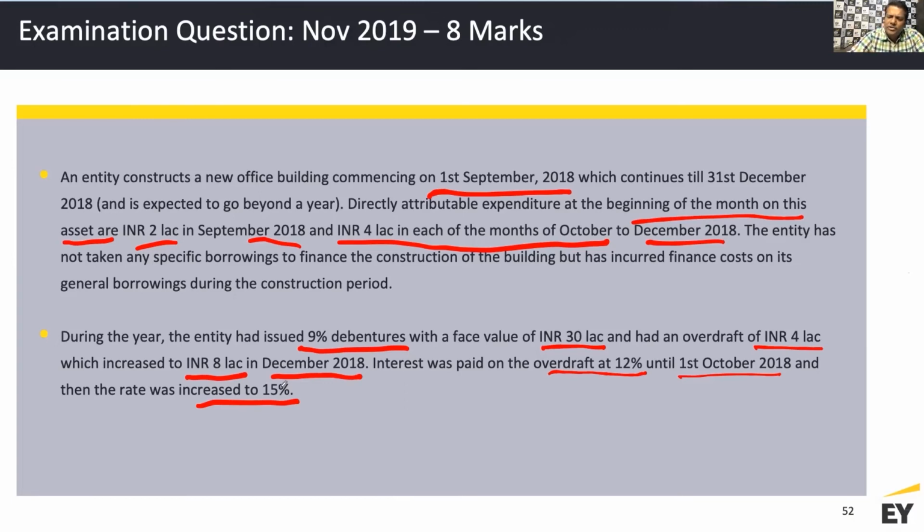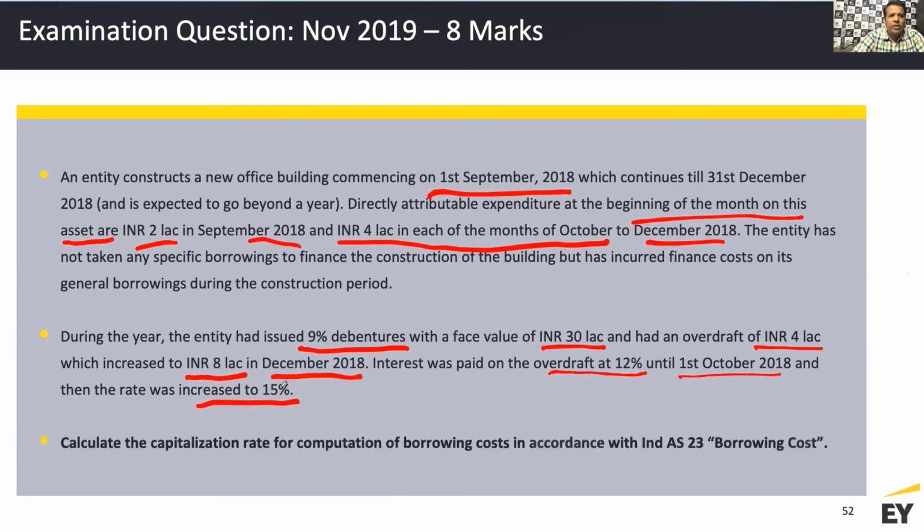So it's important for us to determine the capitalization rate. The question is to calculate the capitalization rate for computation of borrowing cost in accordance with Ind AS 23. And this is only a question on general borrowing. I don't have specific borrowing.